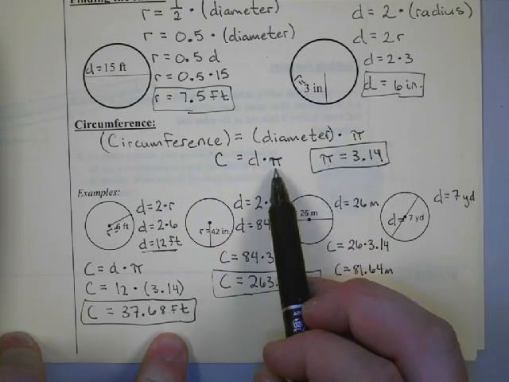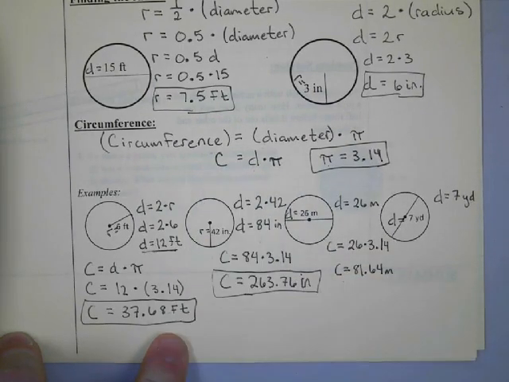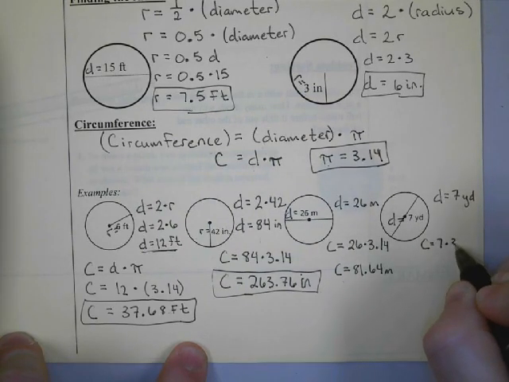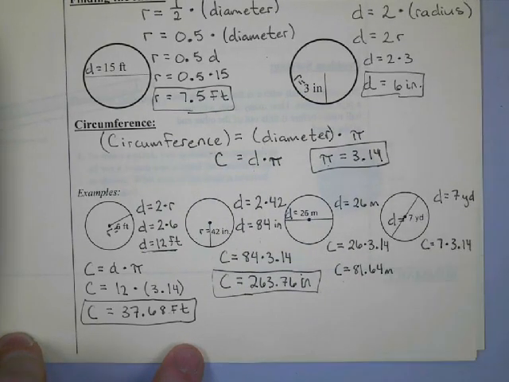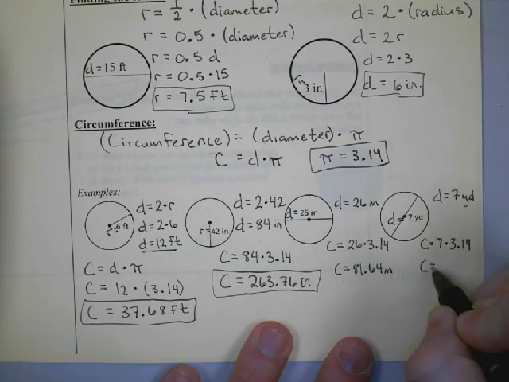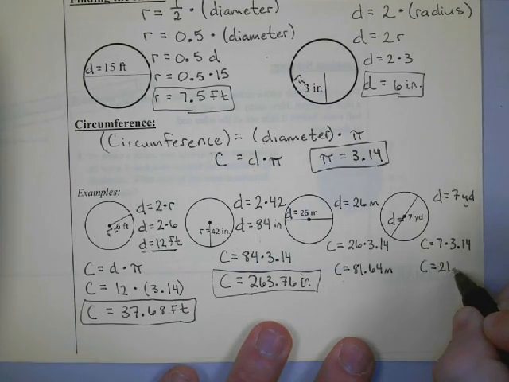I know what my pi is going to be, so I can now find my circumference. So my circumference is equal to 7 times 3.14. Multiply these together, and we get that the circumference is equal to 21.98 yards.